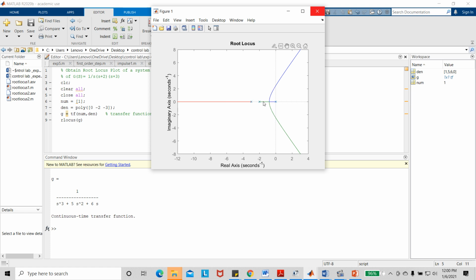You can see here also gain is 1.07, damping 1, overshoot 0. So by using this root locus plot, you can see the dynamic characteristics of the given system. Thank you.